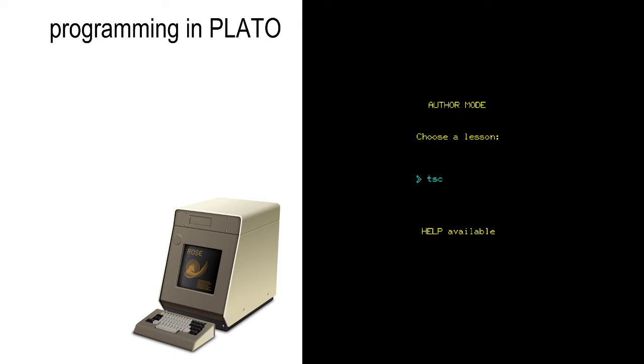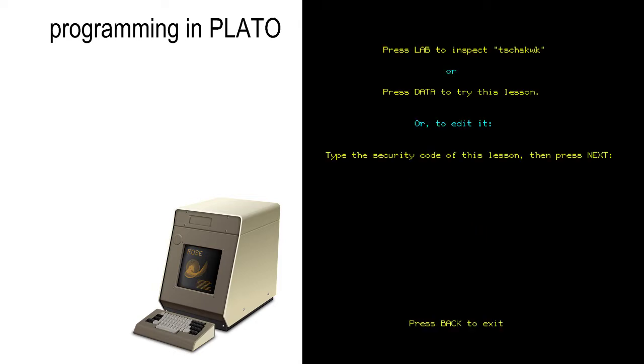Since I asked for a workspace, mine starts with my account plus WK for work. I've added security measures here so that other people can inspect the code, or try the code, or in my case, I want to edit it, so I will enter my password for this one.